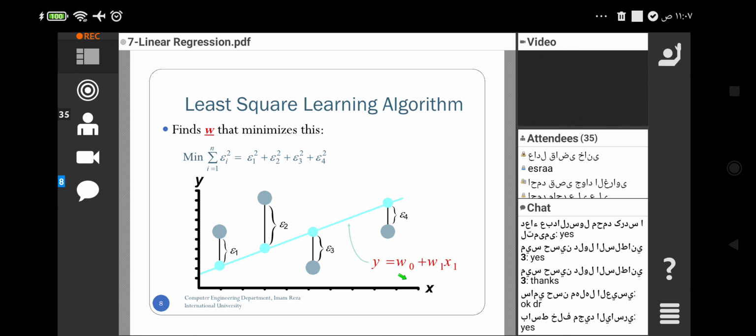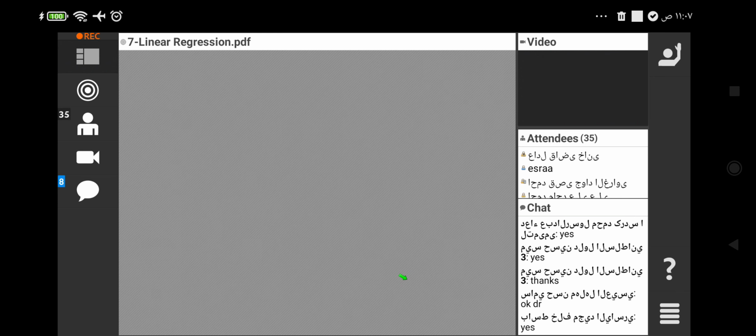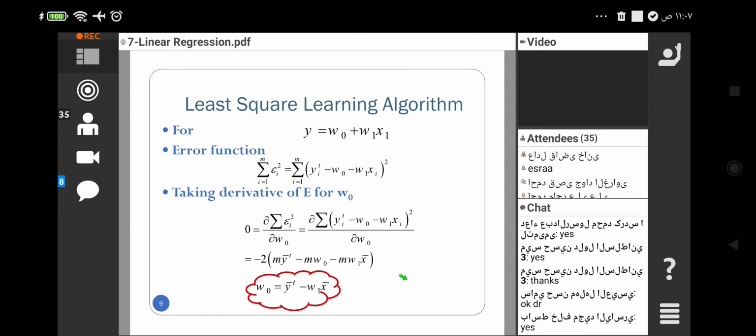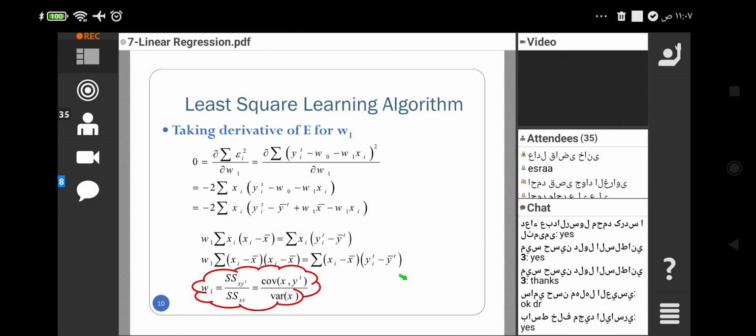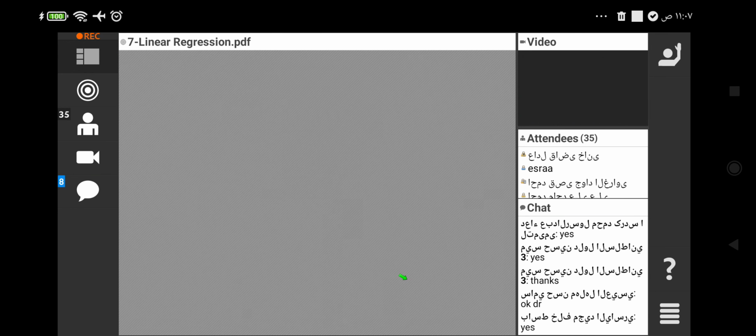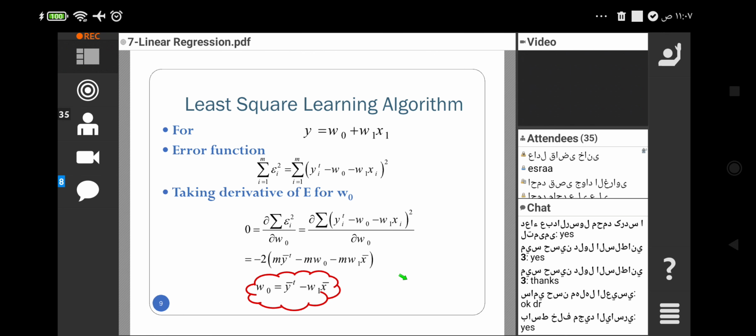We want to find w1 and w0 where these errors are minimized. To find these w0 and w1, the least square learning algorithm wants to find the optimum w0 and w1.